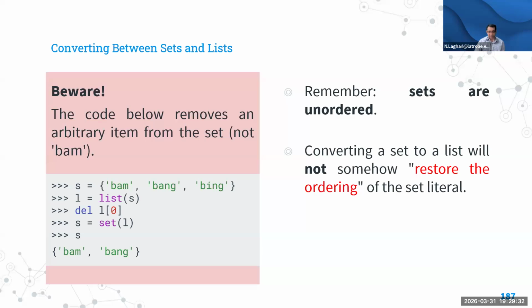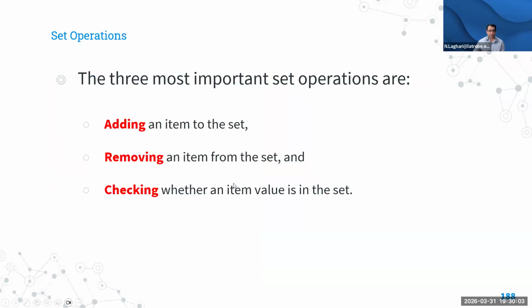But as said, the list that it creates would be randomly arranged. So it is not that you would always be deleting BAM in that case. It's not always possible. Arbitrary means it'll create the list in any order, and when you delete from that, you'll be deleting any random item from the list.